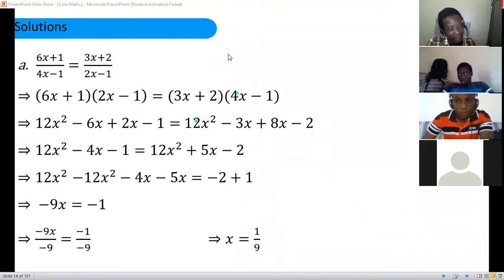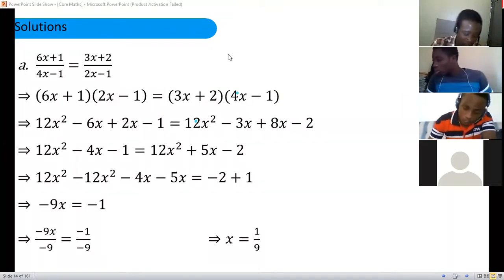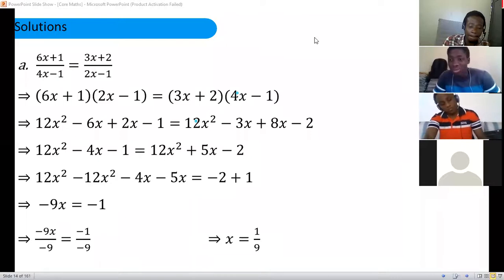The (6x + 1) over (4x - 1) is monomial, and on the other side too, it's a fraction, also a monomial, one term. If anyone is having problem why we have monomial at both sides of the equation, ask, so that I'll clarify that.